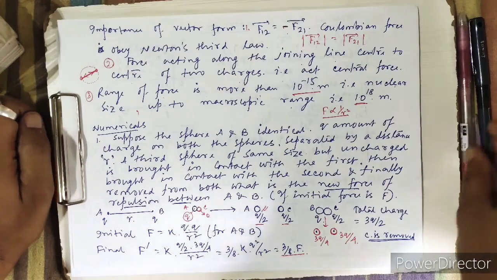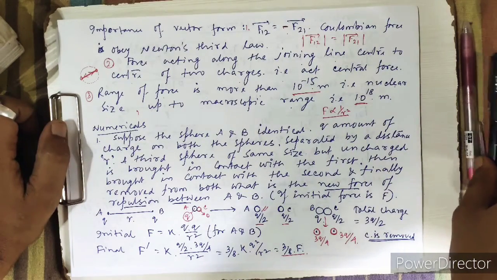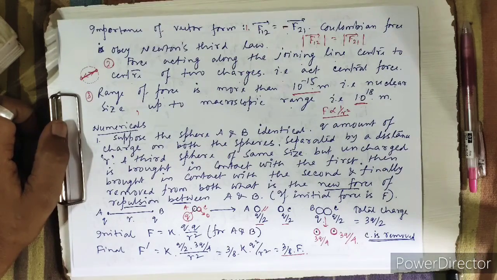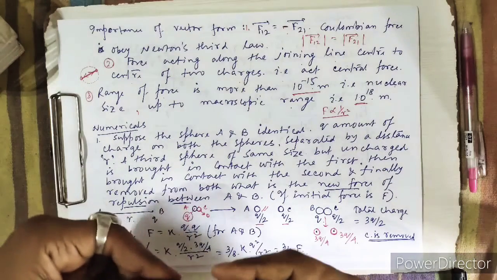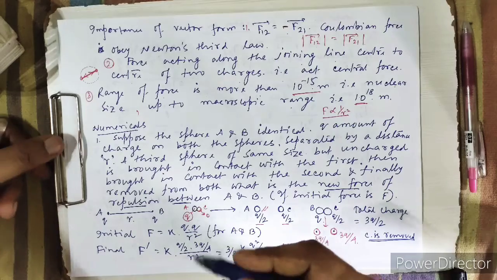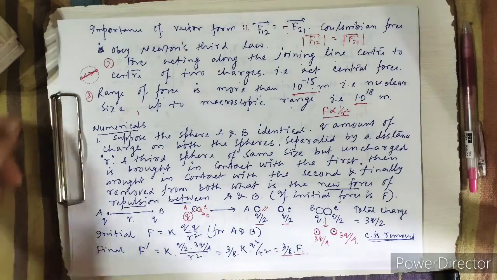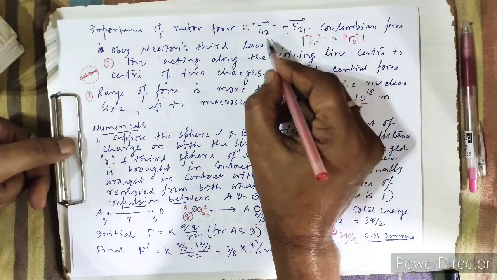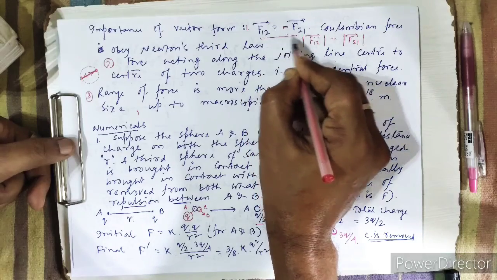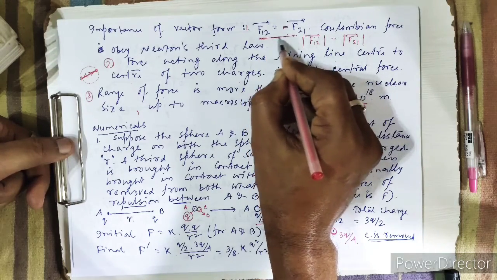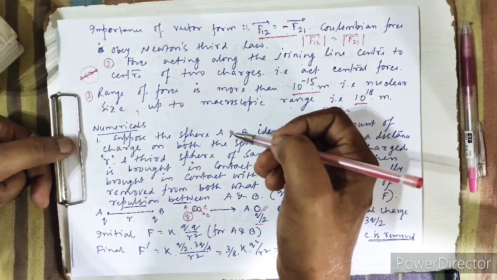Now we explain the importance of the vector form of Coulomb's law. According to Coulomb's law, F12 equals minus F21. This is the vector form.